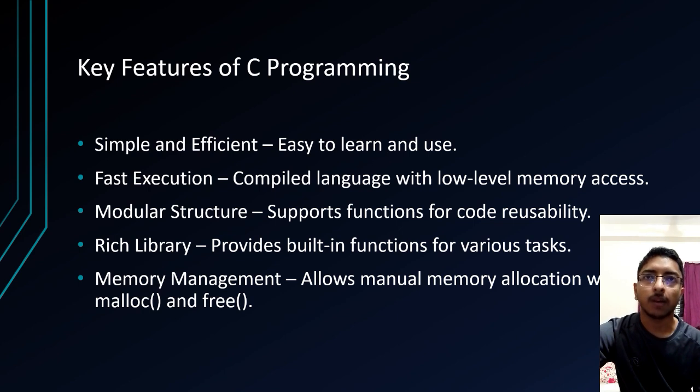The key features of C programming: simple and efficient, easy to learn and use, fast execution, compact language with low level memory access. It executes fast because it executes bitwise.